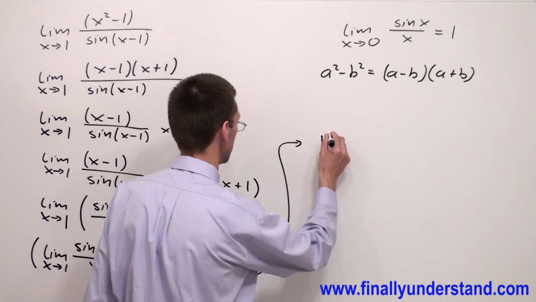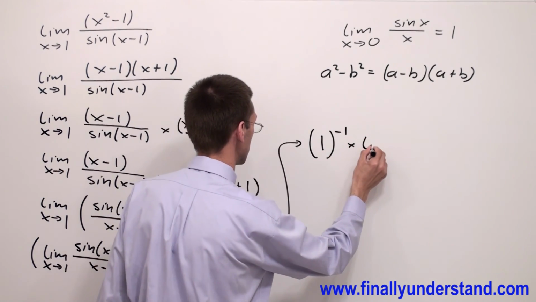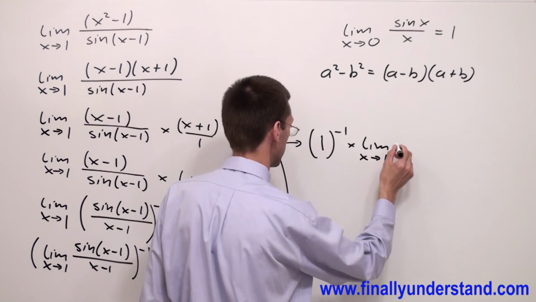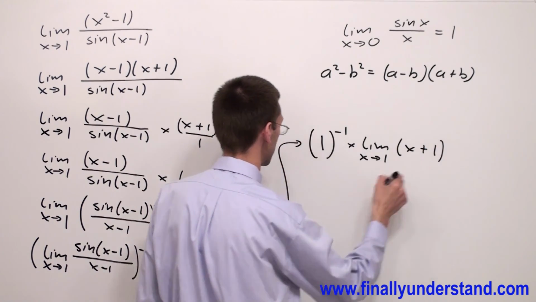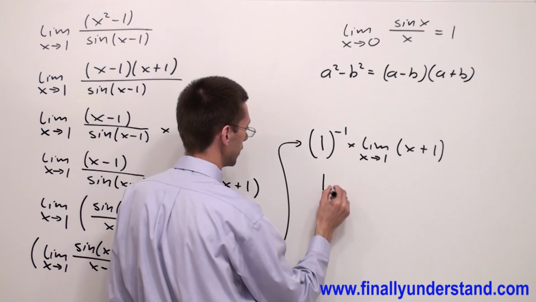And I have 1 to the power negative 1 times the limit with x approaching 1 of x plus 1. 1 to the power negative 1 is simply 1.